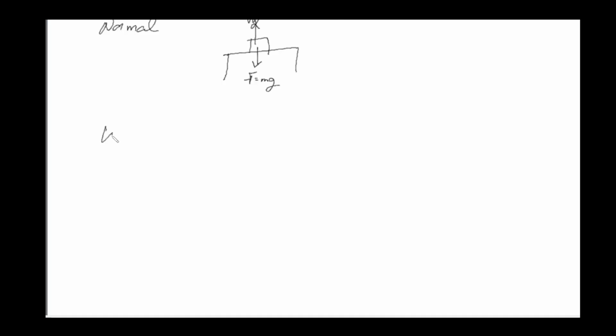Let's look at one more force, and this one will be weight. Weight is different from mass. Your mass is the same whether you are on Earth, on the moon, or floating in space. However, your weight changes depending upon the force of gravity pulling against your mass.